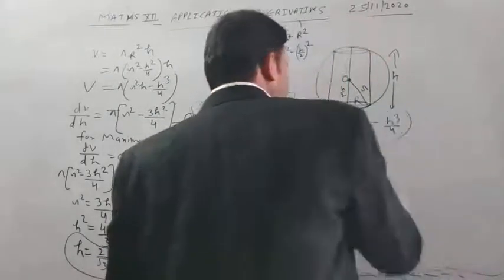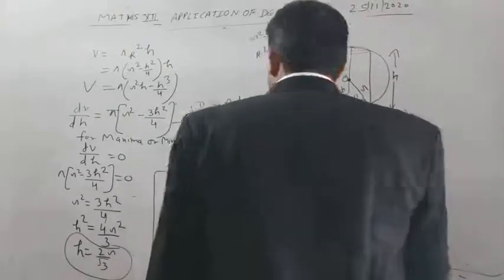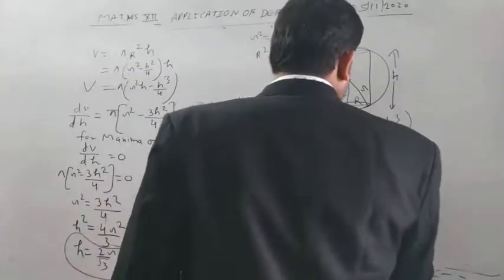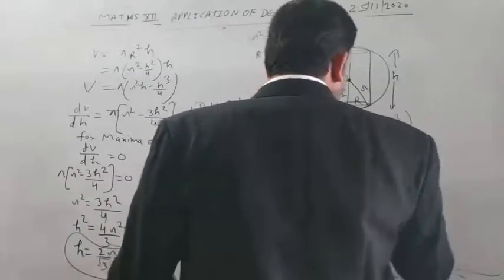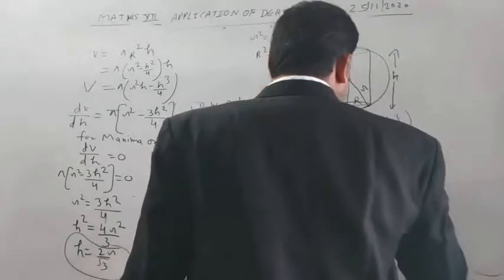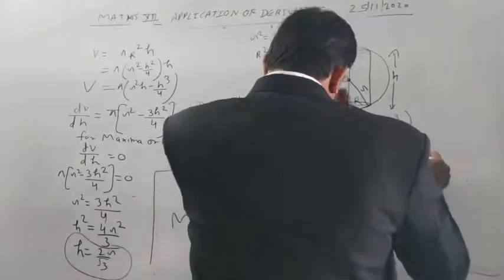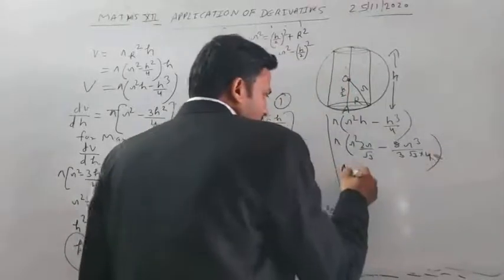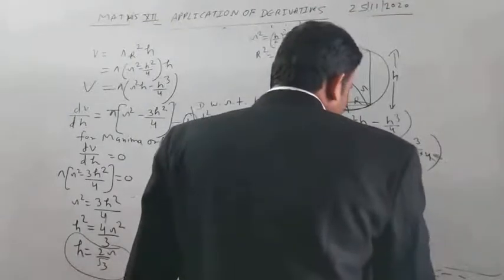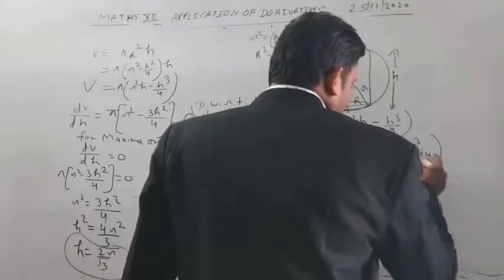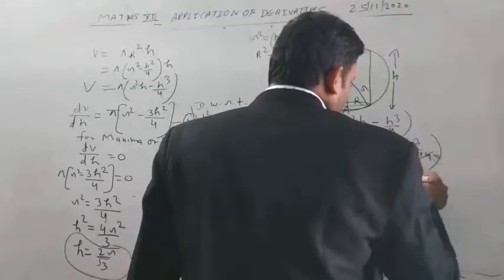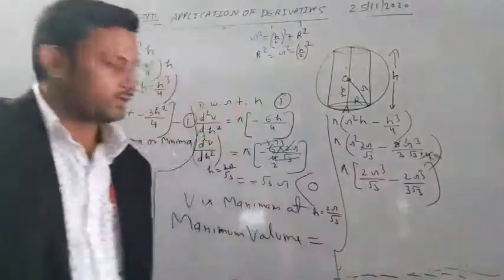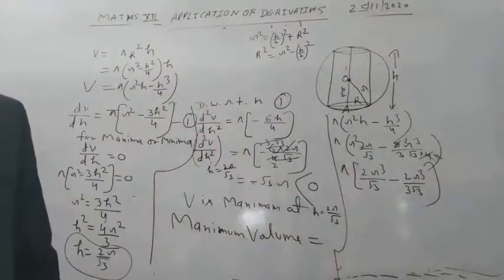Now put the value of h. r square h is r square times 2r by root 3, and h cube means 8r cube by 3 root 3, divided by 4. So the volume will be pi times (2r cube by root 3 minus 2r cube by 3 root 3).